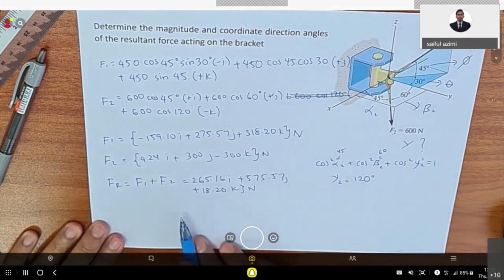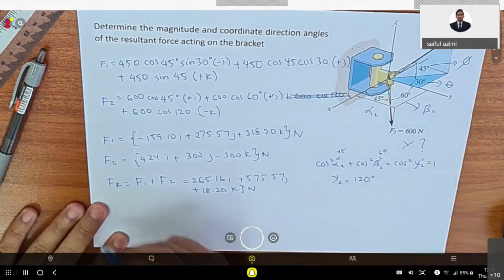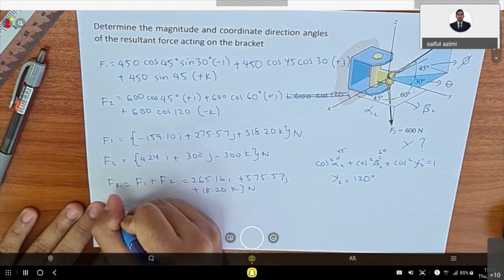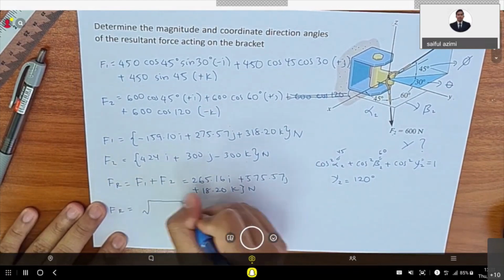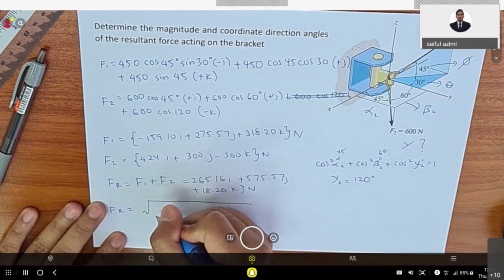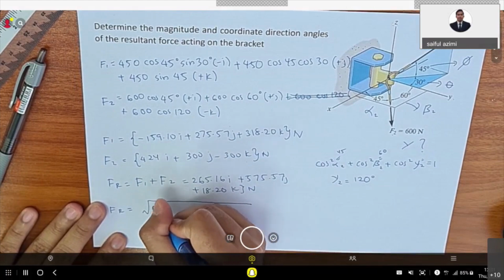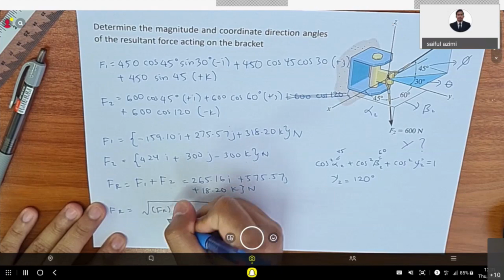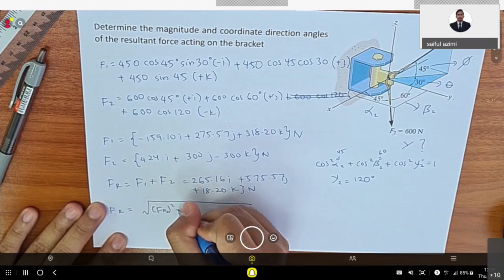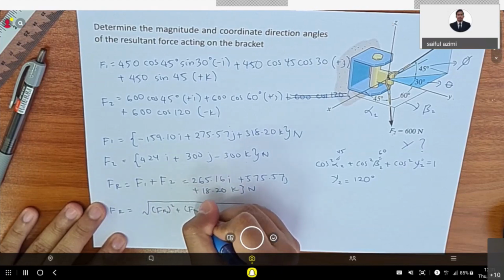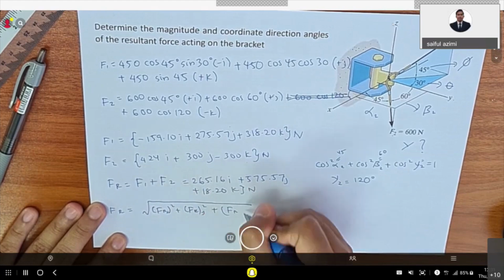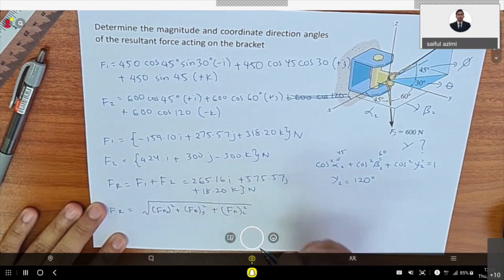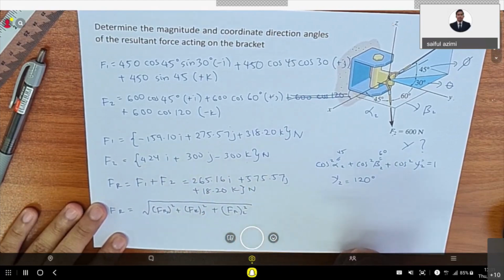But your magnitude is, as usual, Fr equals, we have square root here, Fr of x squared plus Fr y squared plus Fr z squared.